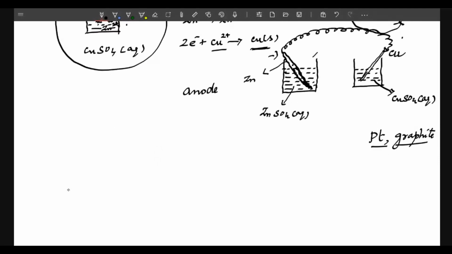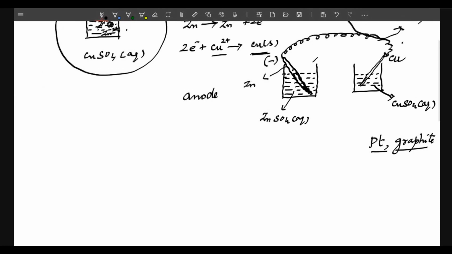What is the charge over this anode? Negative charge. In the electrochemical cell, the anode has negative charge, but in the reverse process, the electrolytic cell, the anode would have positive charge. That we study while studying electrolytic cells.